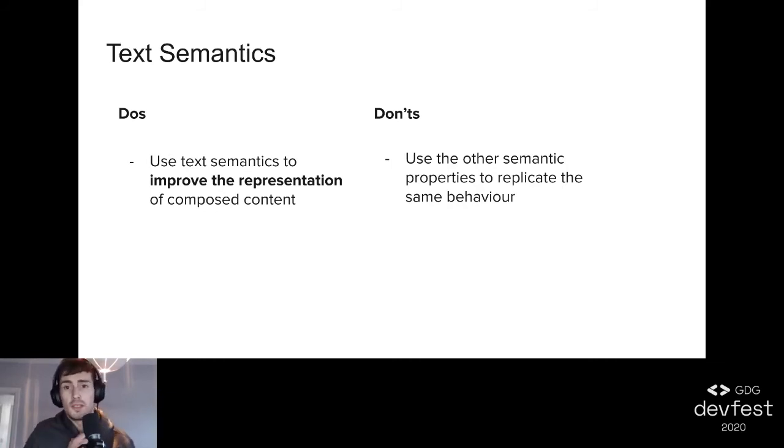So overriding the text semantic will replace the existing semantic value, so it will avoid any values being represented multiple times. For example, if you try and do this within a content description or a click action, again, you're going to end up with duplicated descriptions being read out. So if you need to change how a visual representation is represented, use the text semantic property.